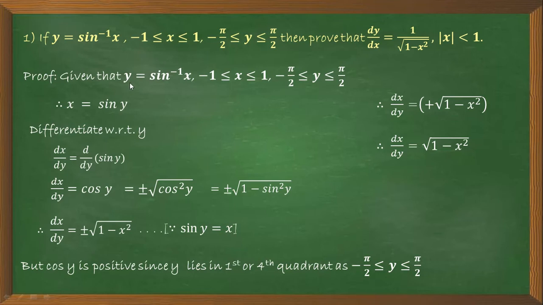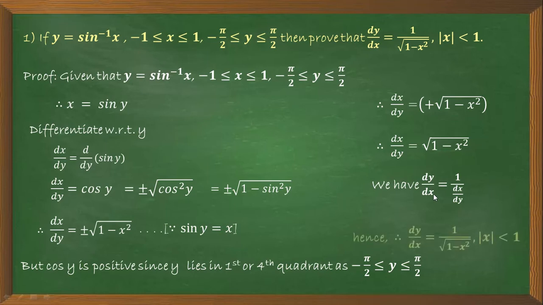But we have to prove the derivative of y is equal to sine inverse x. Now it is the inverse function. So by that theorem, we know that we require dy by dx. So dy by dx is equal to 1 upon dx by dy. You know this.